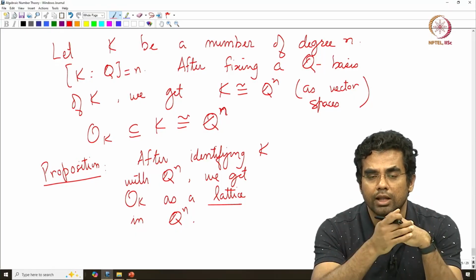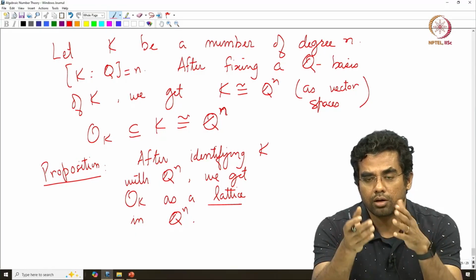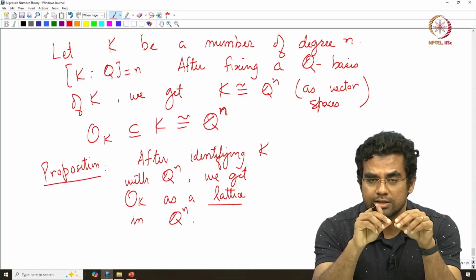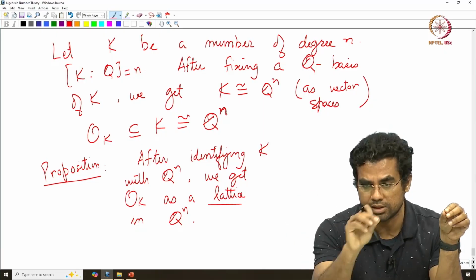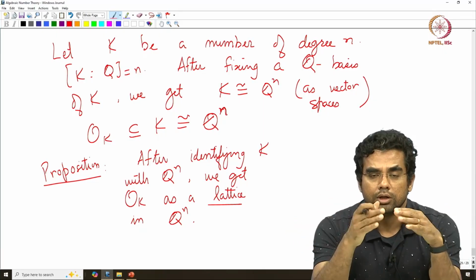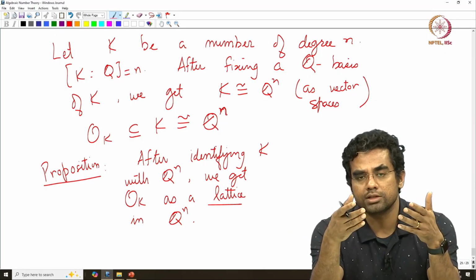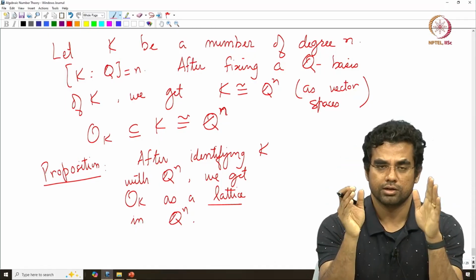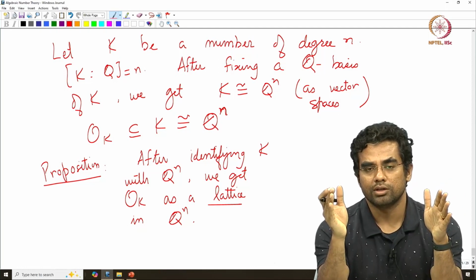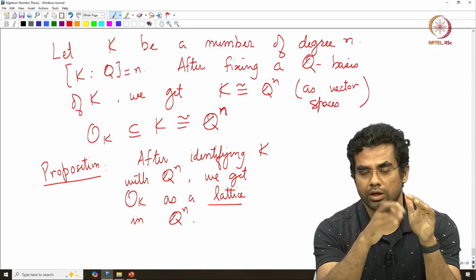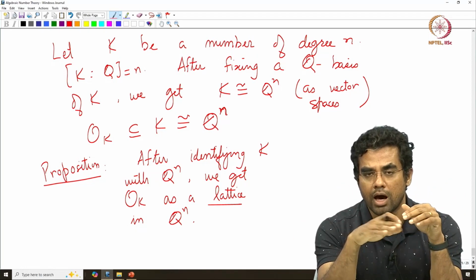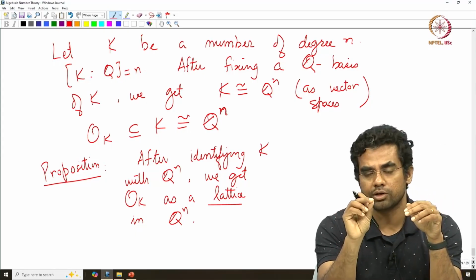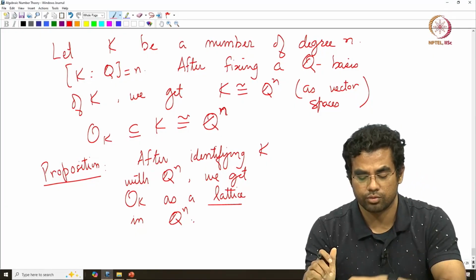So, I will define what a lattice is in a minute, but the upshot of this proposition is that just as Z sits discretely as discrete points in Q, even in this more general Euclidean space, O_K sits as a lattice. So, these are discrete points. The standard lattice that you think of is probably R2 and all the Z2 points, all the points with integer coordinates, is a lattice in R2, right.